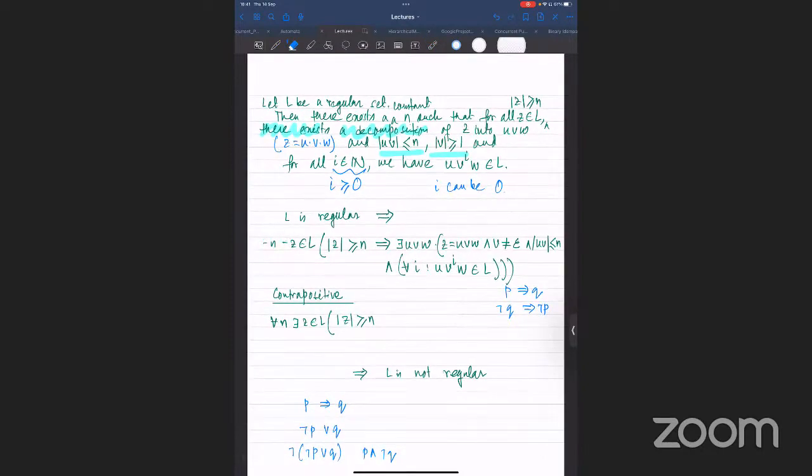We started like this, and now we have to consider the negation of this part. So now for all UVW, what?